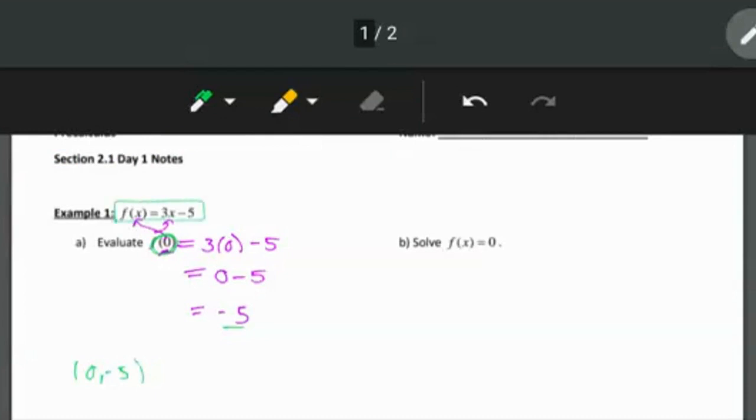If you think about this graph, 3x minus 5, this graph is a line. You should know that because it's in the form y equals mx plus b. So that means 0, negative 5 is a point on the line.